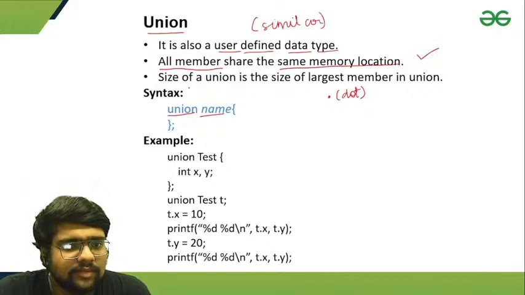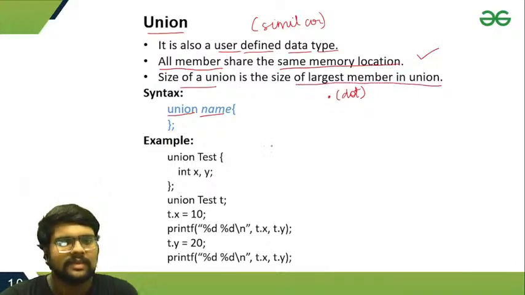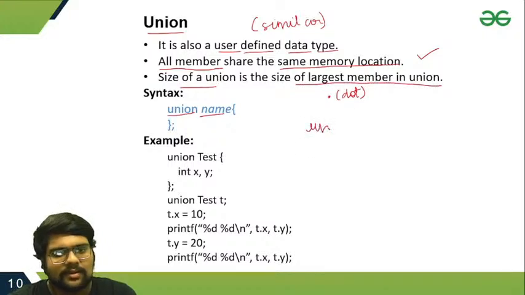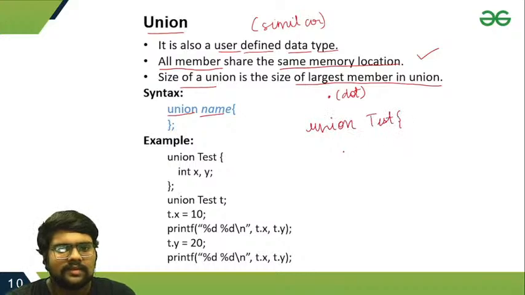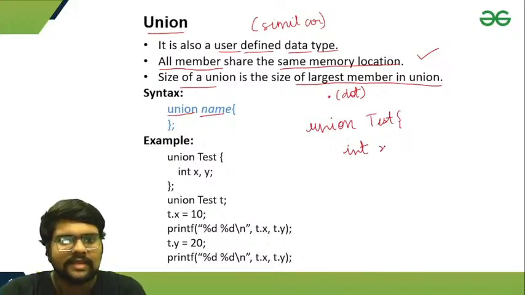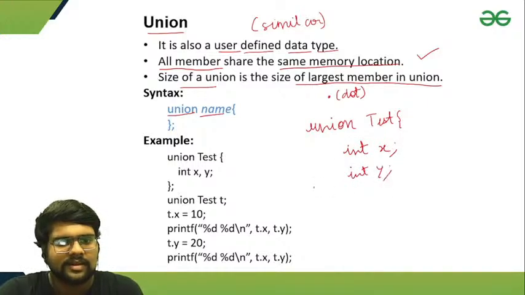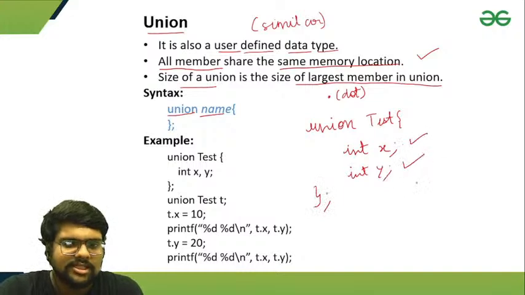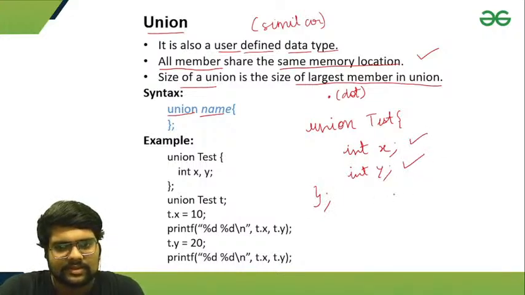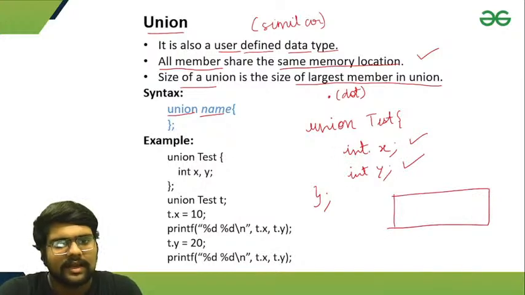And the size of the union is the size of the largest member in the union. Let's suppose I have a union test in which I have two variables, int x and int y. In this, x and y will share the same memory, so there will be a common memory for both variables.